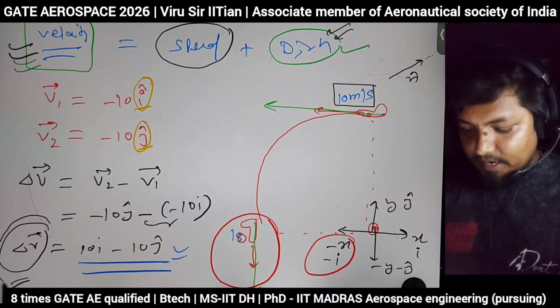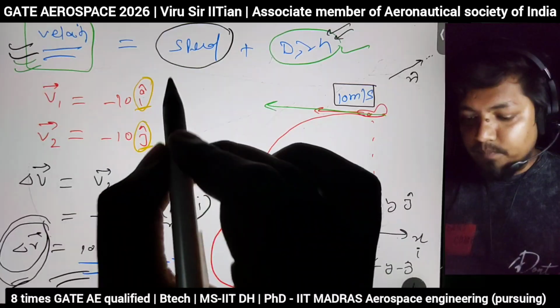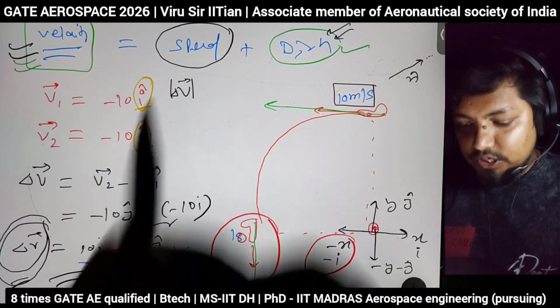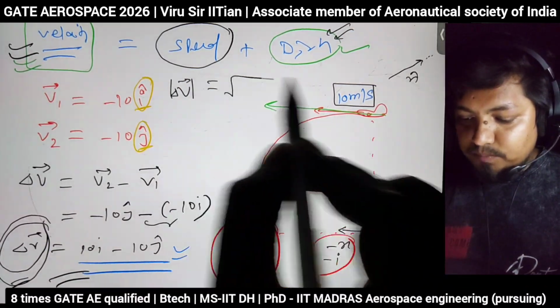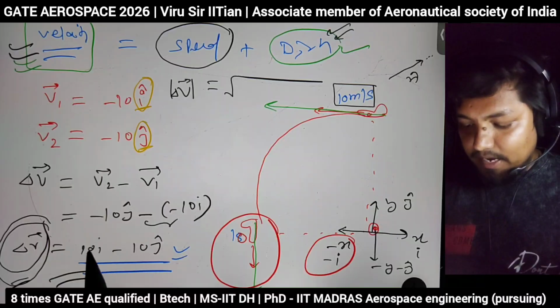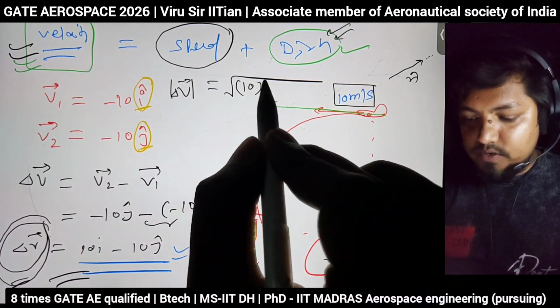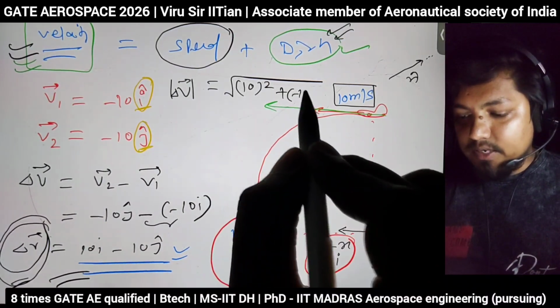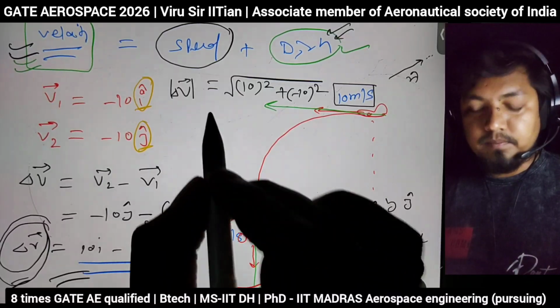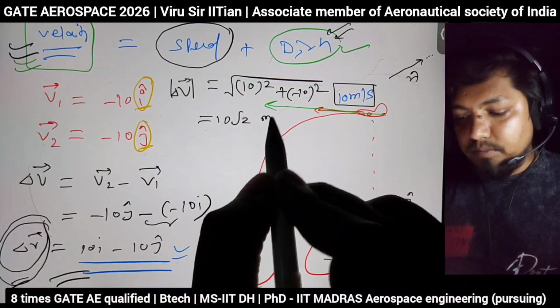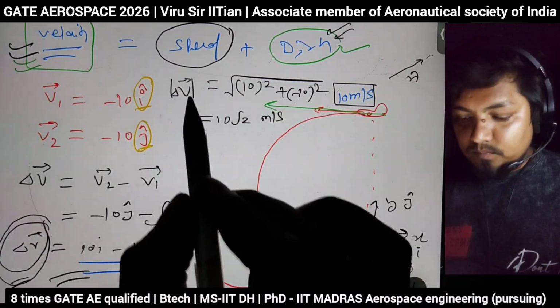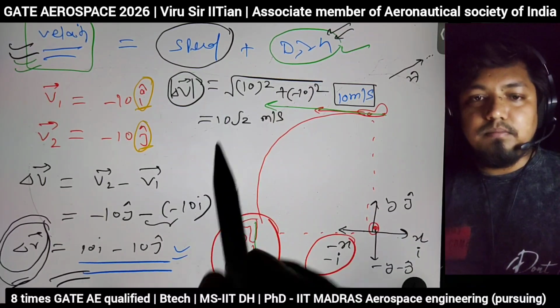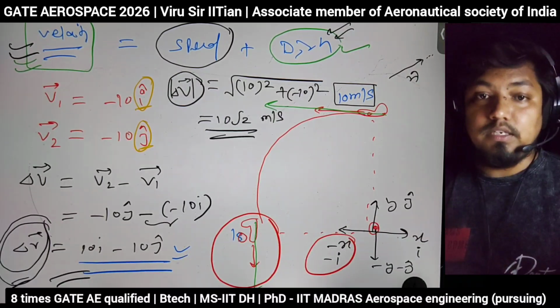If you want to find out mod of the change in velocity vector, you put the coefficients, square them and add. So 10 is the coefficient of i, square, plus minus 10 is the coefficient of j, square. You got 10 root 2 meter per second. This became mod of change. I hope this part is very well clear.